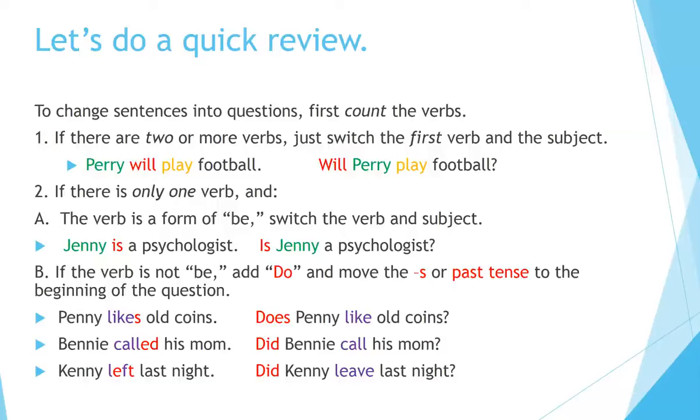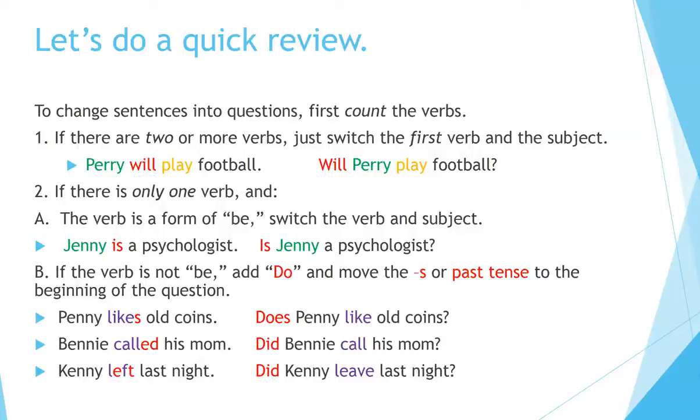B. If the verb is not be, add do and move the S or the past tense to the beginning of the question. For example, Penny likes old coins. We're going to move the S to the beginning, so it goes, does Penny like old coins? Benny called his mom.